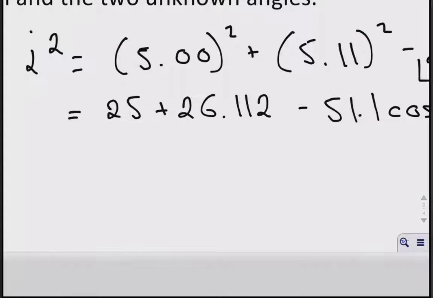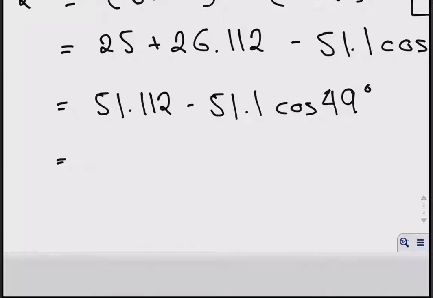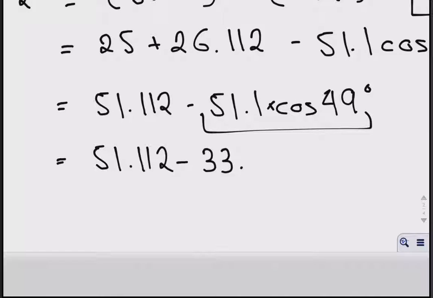And let me continue in my algebraic work here. I will obtain 146 minus 110 cos of 49 equals, and this is where I evaluate this. This is a product of 110 times cos of 49, which will give me 72.17, which leaves me with 73.83, and I've done some rounding there.